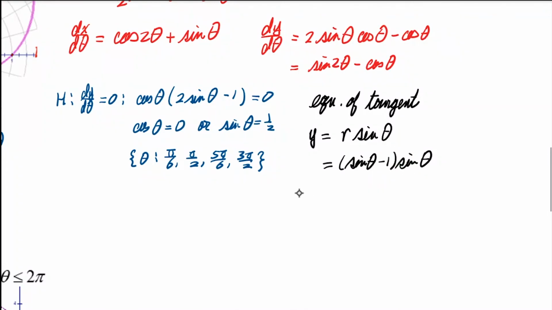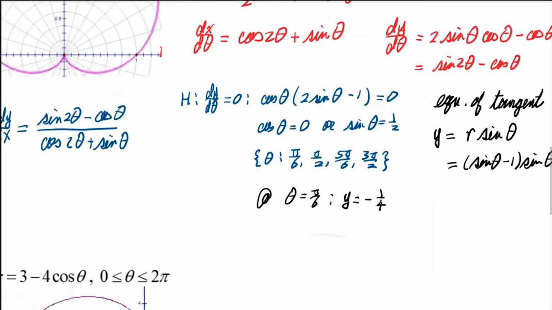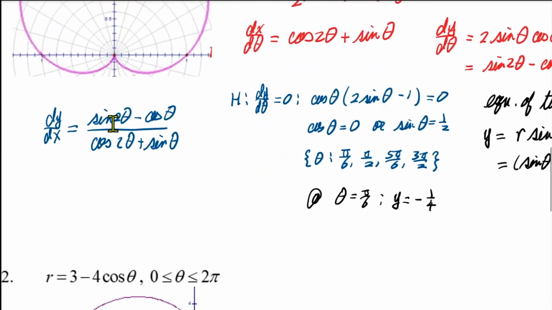So at theta equal to pi over 6, we get y equal to negative 1/4. You with me? And then if you look at the graph, that kind of looks like negative 1/4 down, doesn't it? That much is half right there.